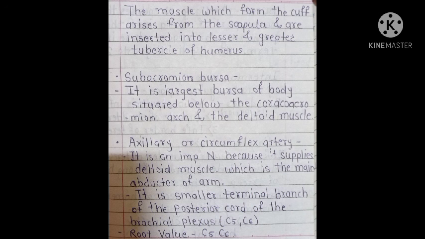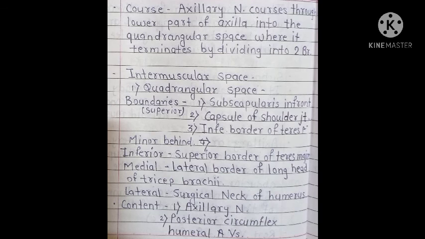It is the smaller terminal branch of the posterior cord of the brachial plexus. Root value is C5, C6. The axillary nerve courses through the lower part of the axilla into the quadrangular space where it terminates by dividing into two branches.